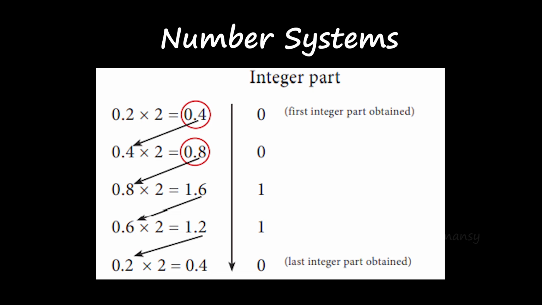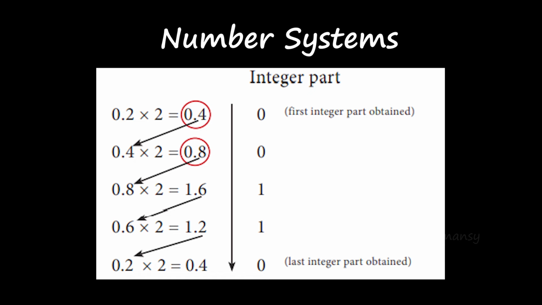So you will take the value which is on the left side of the decimal point, the integer part, and write it aside, and on the right hand side of the decimal point you will be having a value. With that value, again 0.4 into 2, you multiply it with 2, again you will get 0.8, and again you multiply 0.8 into 2, so 1.6 will be there. So 1 you will take as it is.